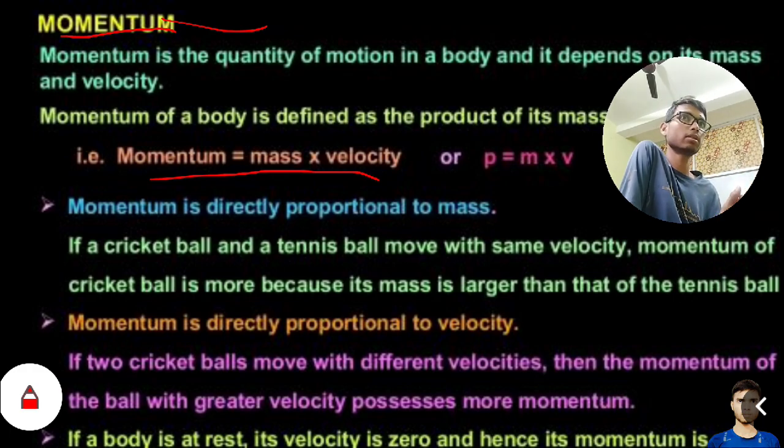Now what will happen? If two cricket balls move with different velocities, then the ball with the greater velocity possesses more momentum.